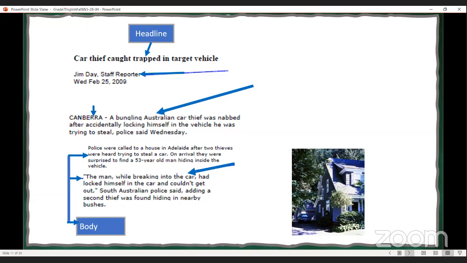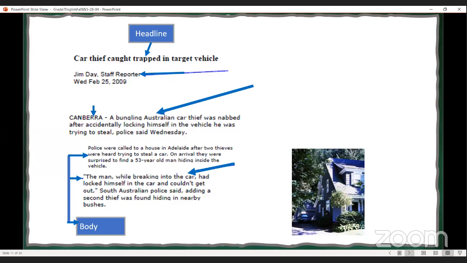Oh, I can see who's wakey today. Well done. This is what I'm talking about. That's it. Okay, so your byline will be beneath your headline.